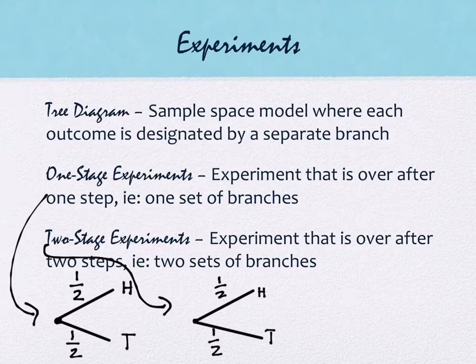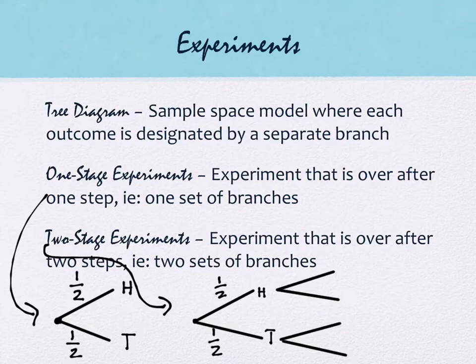But then off of the end of each of the H and the T, we'd have another set of branches. So if I flipped a heads and then flipped again, or if I flipped a tails and then flipped again, this would be the tree diagram collection of options, what can happen.